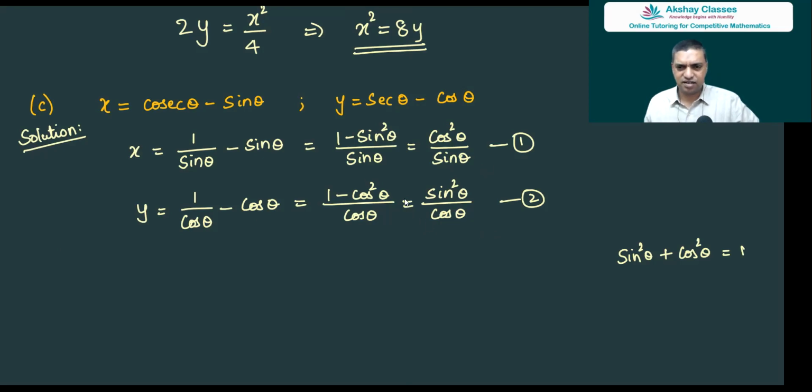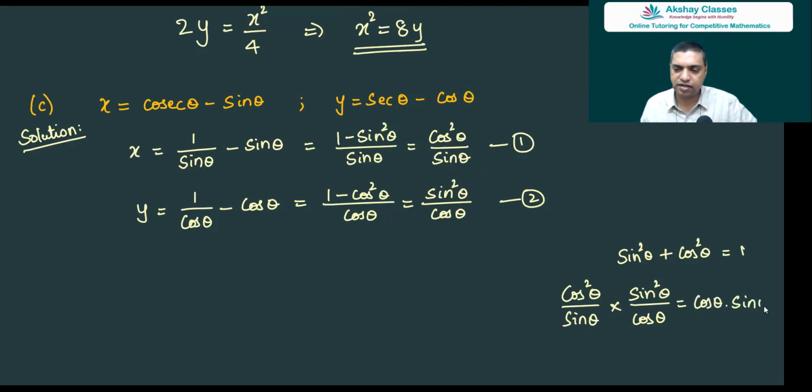That is even more difficult. If I multiply, I get cos theta into sine theta. Again, I get nowhere. So what should I do?